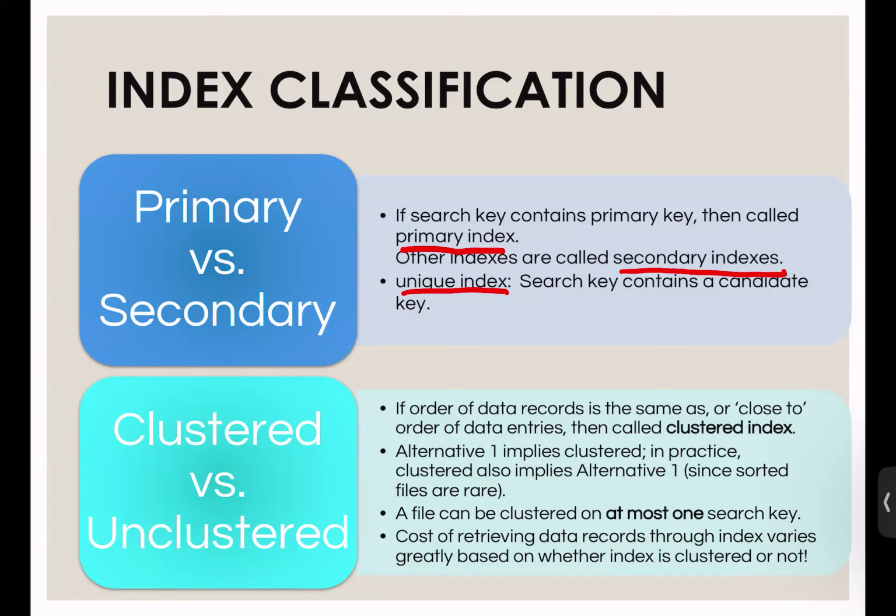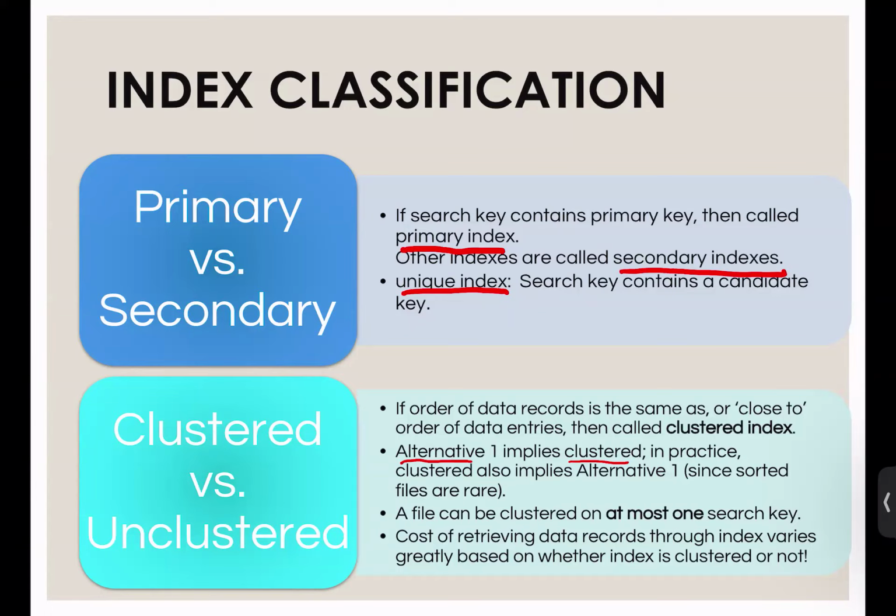Otherwise, we call it unclustered. If you go back to alternative 1 from last time, we use the raw data as the index structure. So of course the order of the index and the order of the actual data are exactly the same. Basically, alternative 1 automatically implies a clustered index.